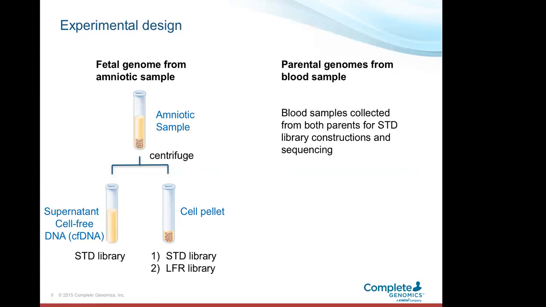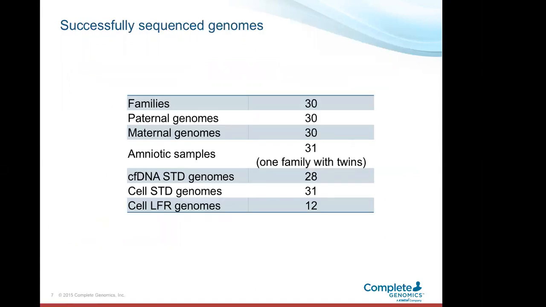For each of the families participating in this research project, we also obtained blood samples from both parents, and these samples underwent standard library construction and sequencing so that we would have genomic information for the parental genomes as well. In total, we collected 33 amniotic samples from 30 families.